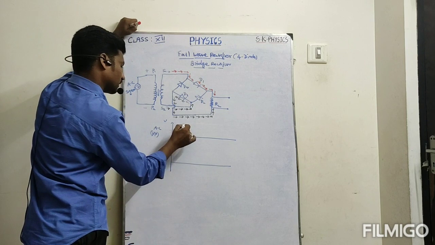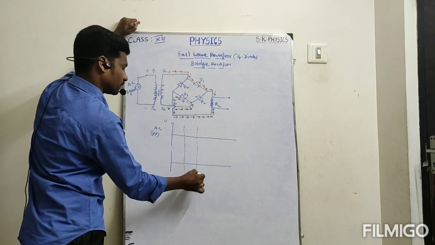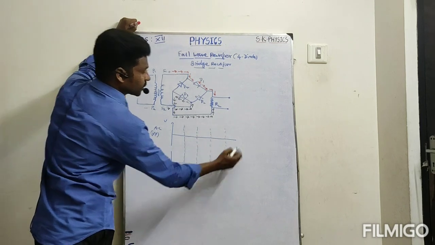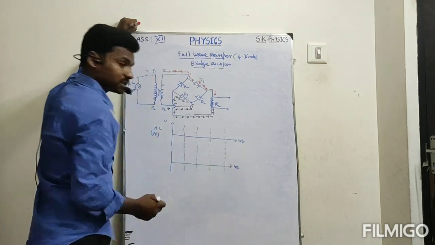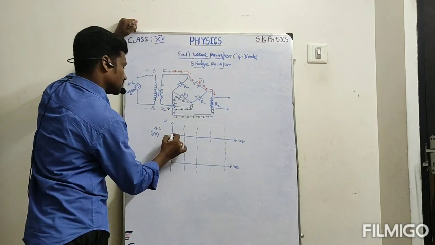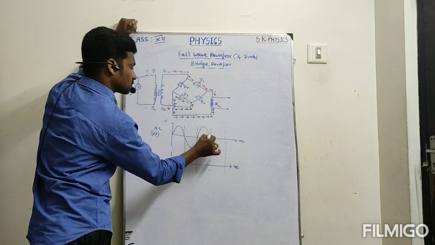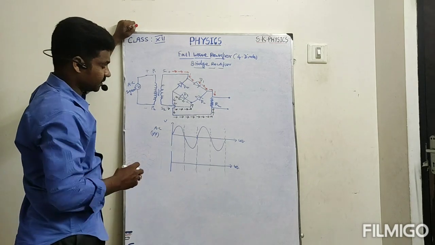For our convenience I draw some dotted lines for maintaining the phase. This is omega t. The input is an AC source, so I can draw it like this, a sinusoidal wave, that means a sine wave.